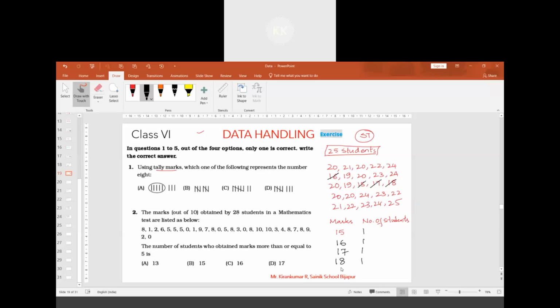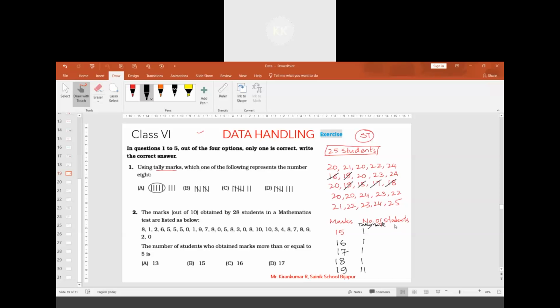Now if I write 19, you count: in the first row there is no 19, in the second row it is there, in the third row it is there. When I strike this, I will make a mark of these lines. These vertical lines indicate how many students there are. This particular thing is called a tally mark.